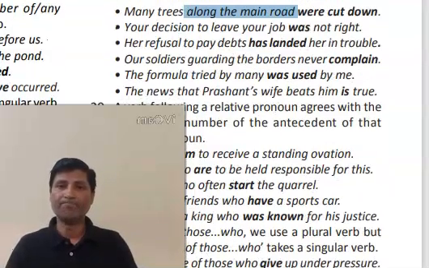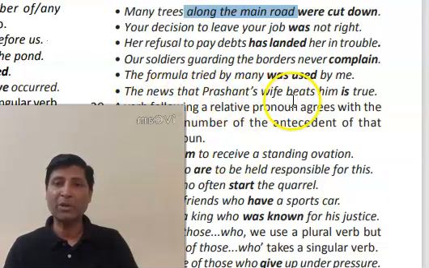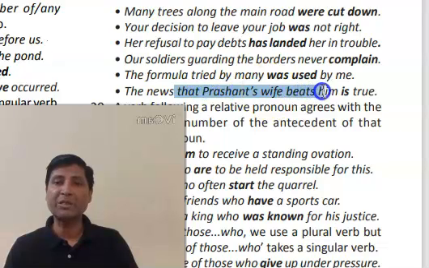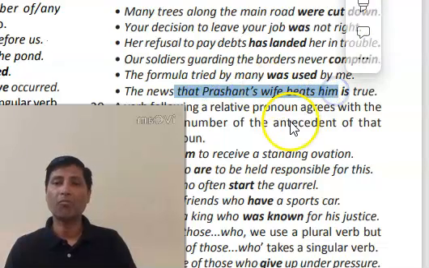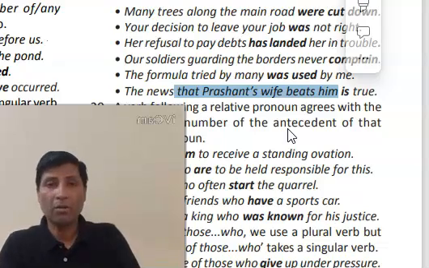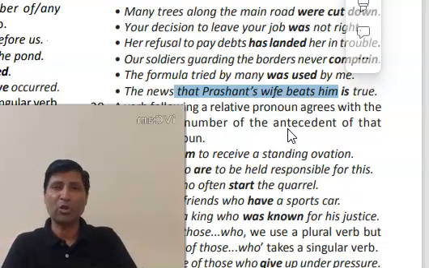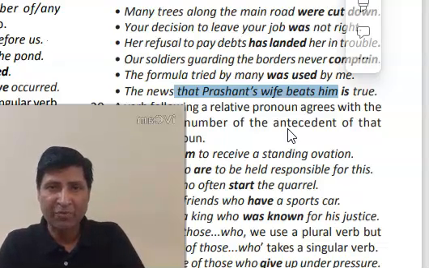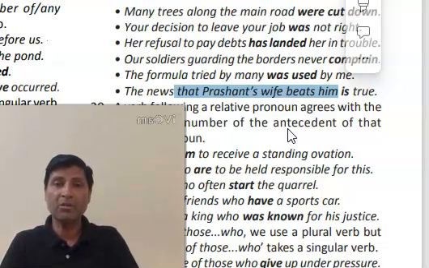Look at this example. The news that Prashant's wife beats him. So here, that Prashant's wife beats him is a clause. This clause is called an adjective clause. Why is it called an adjective clause?